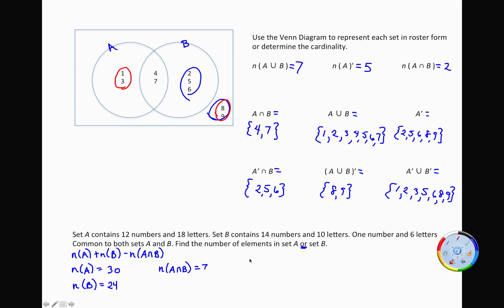So I should be able to find the number of elements in A or B by doing 30 plus 24 minus 7, or 54 minus 7, so 47. So there are 47 elements in set A or set B.